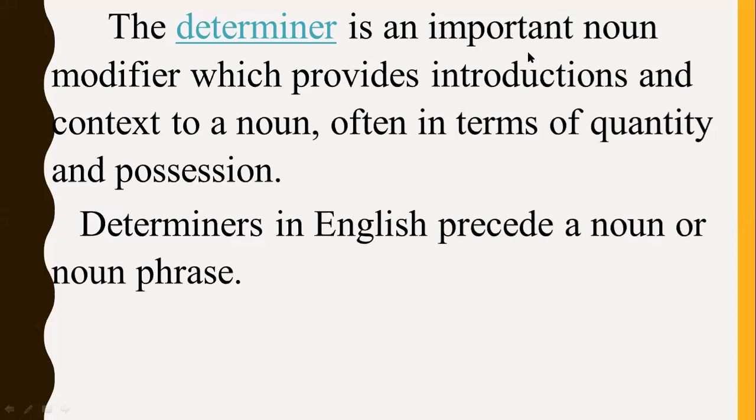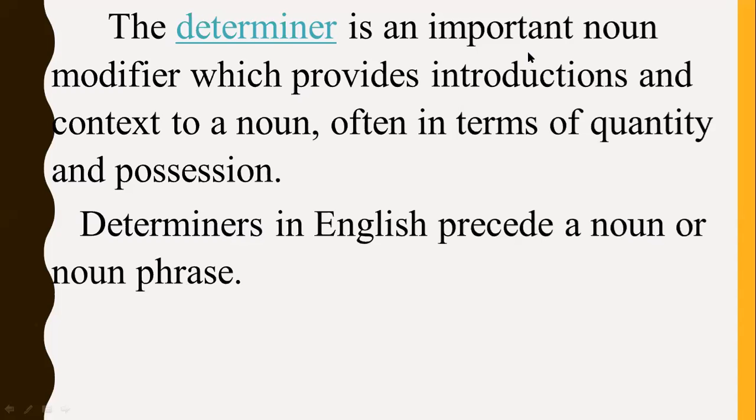Now let's continue. The determiner is an important noun modifier which provides introductions and context to a noun, often in terms of quantity and possession. What this is trying to tell us is that determiners give information about the number of nouns and ownership in a sentence.